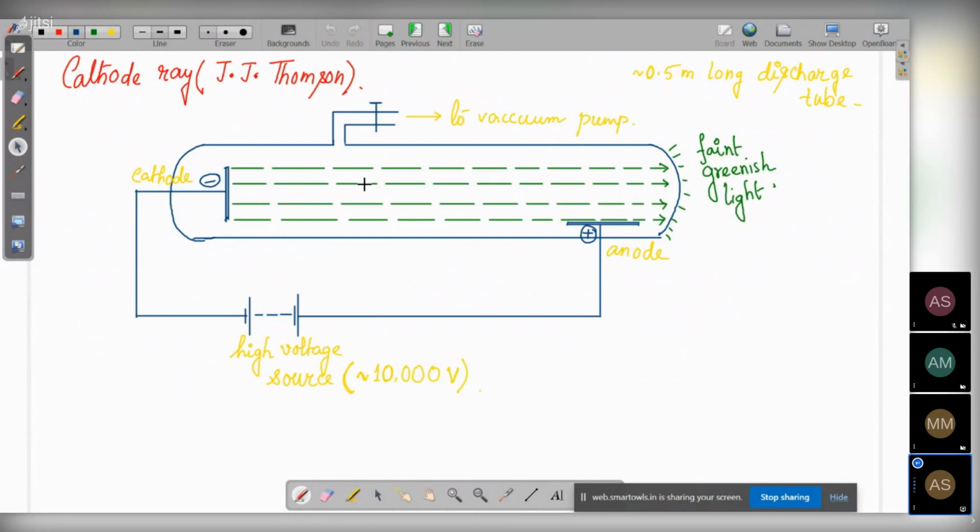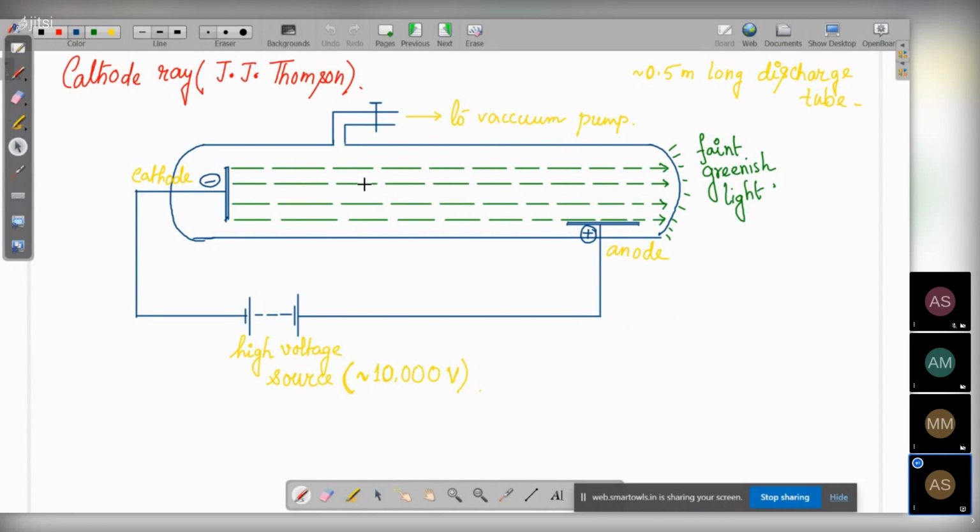So this faint greenish light is due to the ionization of the molecule. What do I mean by ionization? That means the gas atoms are losing their electrons, and it is the electrons which are traveling and striking the glass surface. So what Thomson said at that time, that something is coming out from the cathode, in reality is not like that.